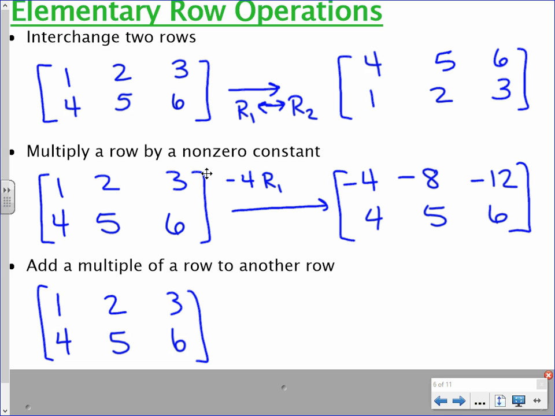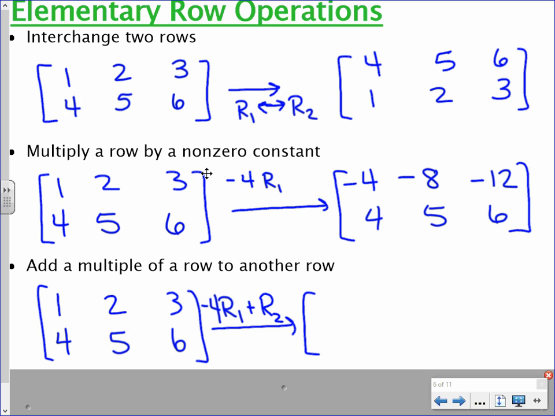There are going to be times where we want certain numbers to go to 0 and certain numbers to go to 1, okay? And so what I'm going to do here to demonstrate this one is I'm going to take row 1, multiply it by -4, and add it to row 2.